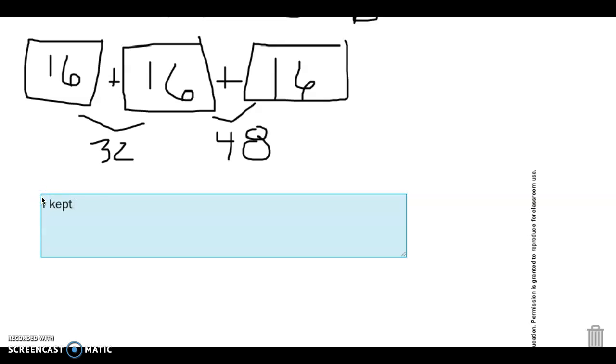I kept adding 16 to my number and keeping track of how many times I added 16.